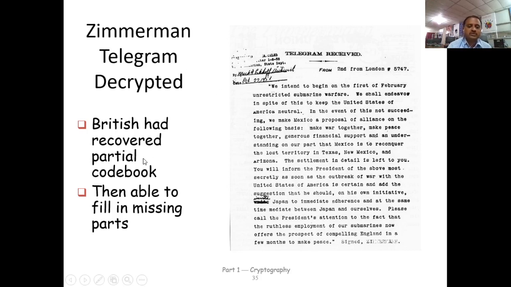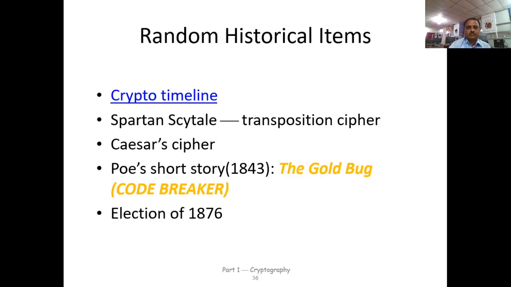The British had recovered a partial codebook, and were then able to fill in the missing parts. Now you can see that all those codebook numbers are replaced with plain text, because of the additive number, so that the receiver has to maintain the order.